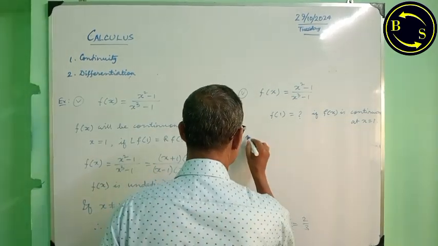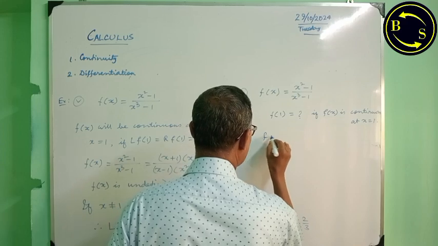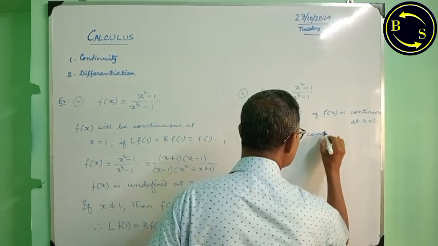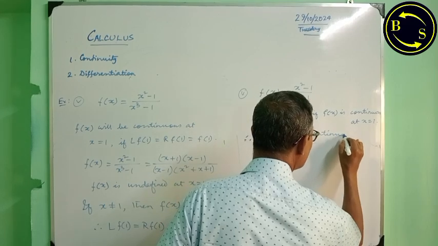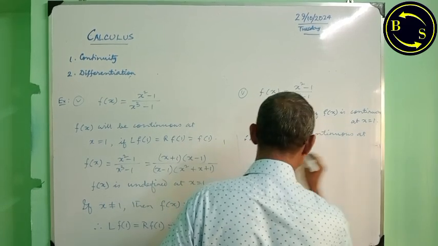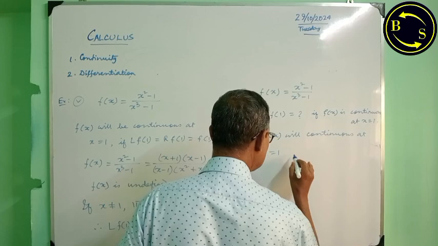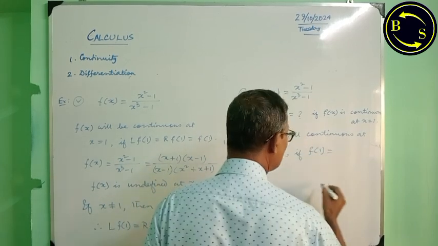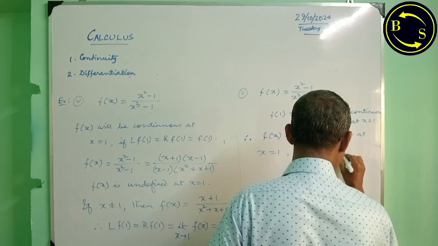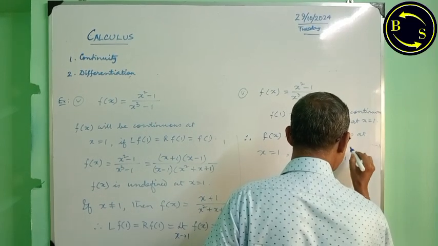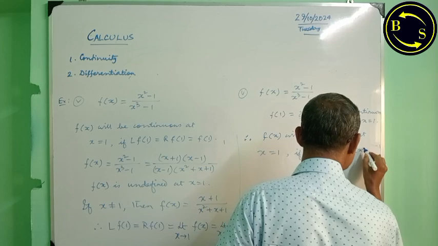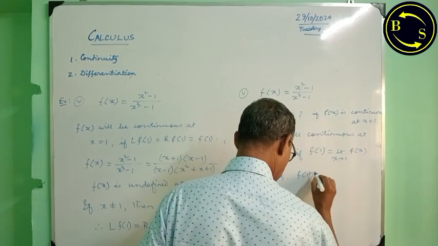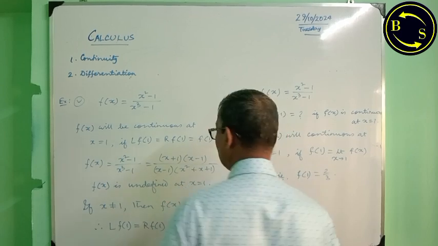Therefore, f(x) will be continuous at x equal to 1 if f(1) be equal to limit x tends to 1 of f(x), that is f(1) is equal to 2 by 3.